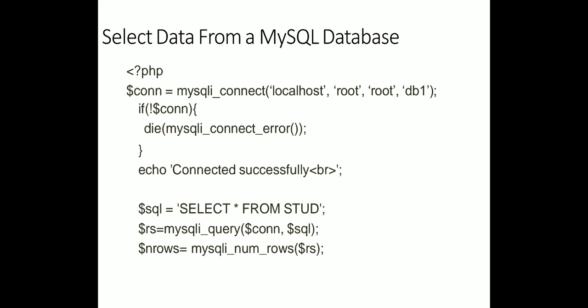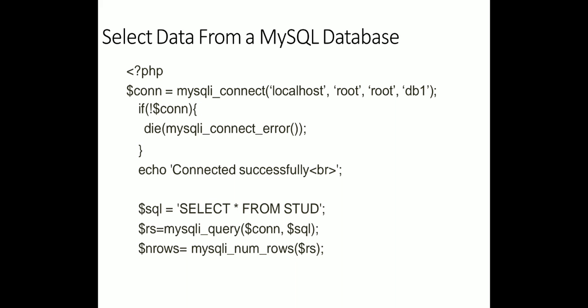Then the next variable I have taken is $rs, which is equal to mysqli_query($connection, $sql). With the connection, the SQL query is fired and the result is stored in the rs variable.